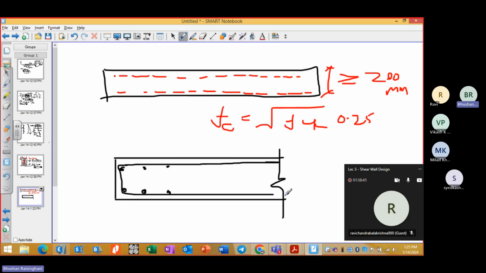Okay, so detailing is very critical in this particular case, how you are doing it. So if there is a boundary element, let's say this is the boundary element, then you will confine it separately like this. So this will act as a column reinforcement or boundary element, and whatever reinforcement comes from here will go inside this.